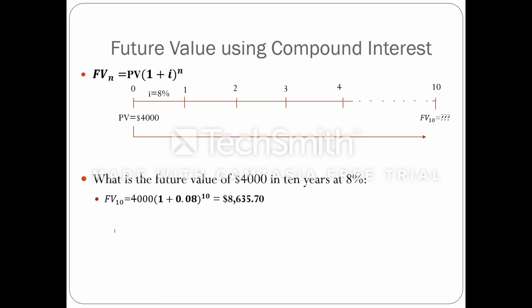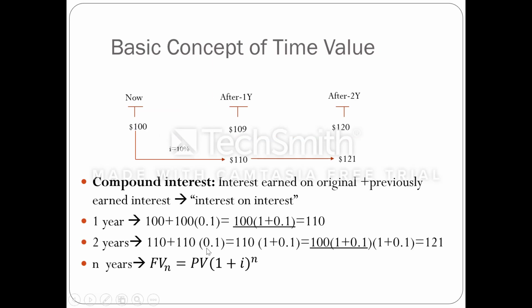So using this previous formula, the formula for compound interest, where future value is equal to the present value into 1 plus interest raised to the power n, we can now calculate the future value after many periods.